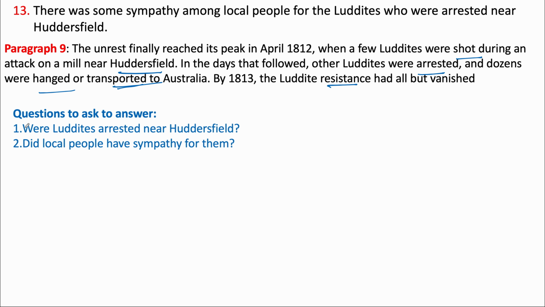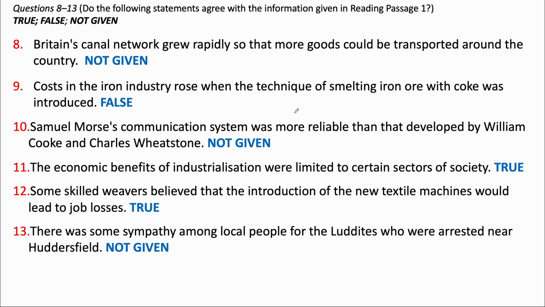Were the Luddites arrested near Huddersfield? Yes, they were. Did local people have sympathy for them? We don't know because it is not given. The answer to the 13th question is not given.